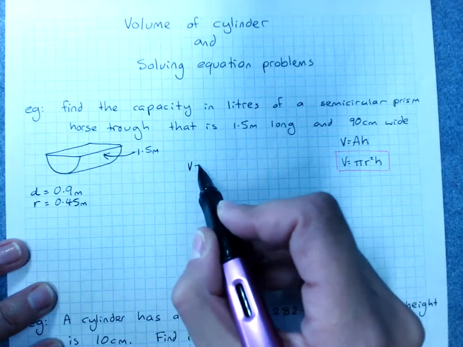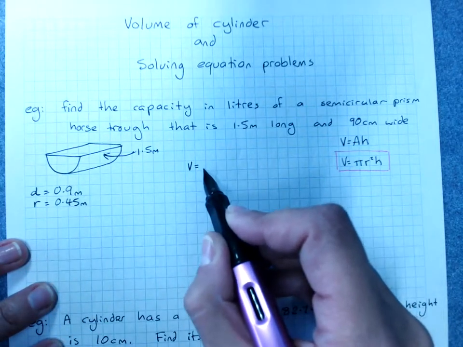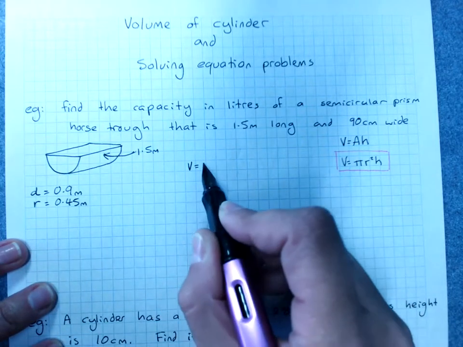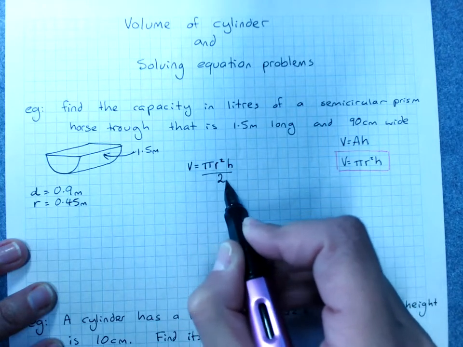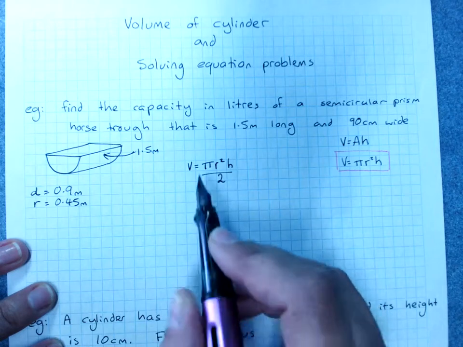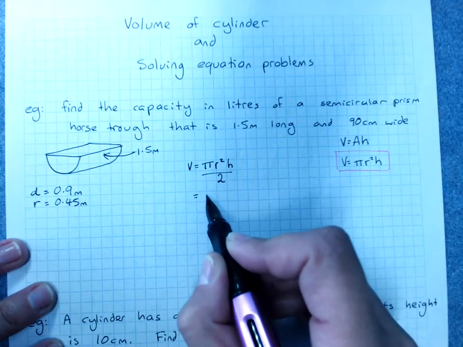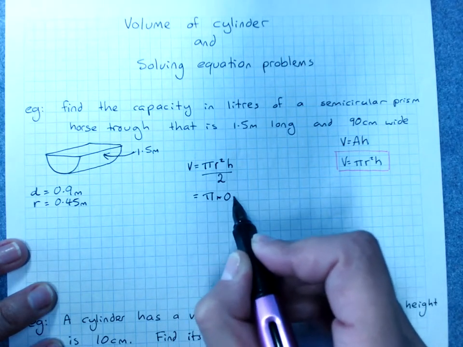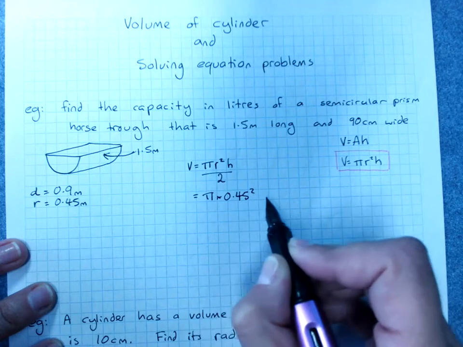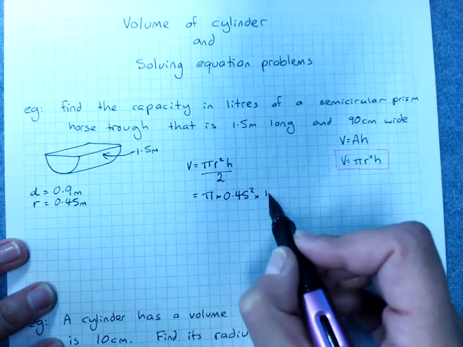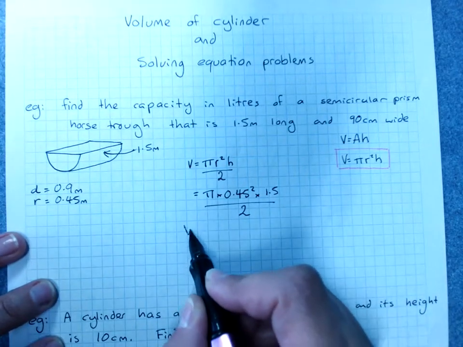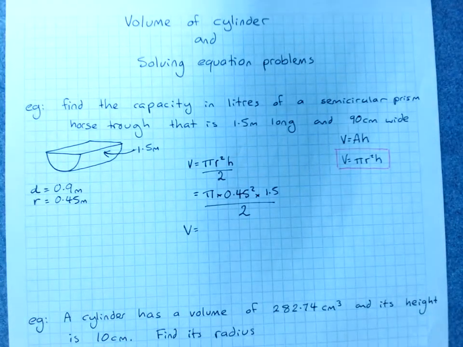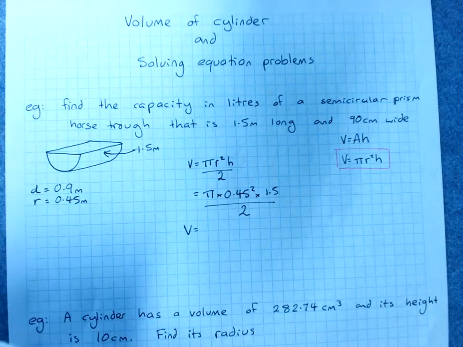So the volume of a semicircular prism is going to be, of course, half of a cylinder. So pi r squared h divided by 2. Write your formula, substitute your values, the height, and get your answer, preferably using your calculator.